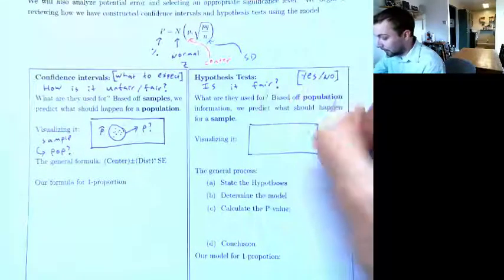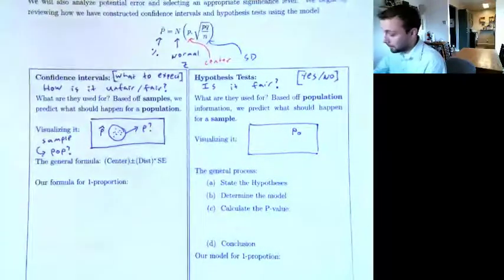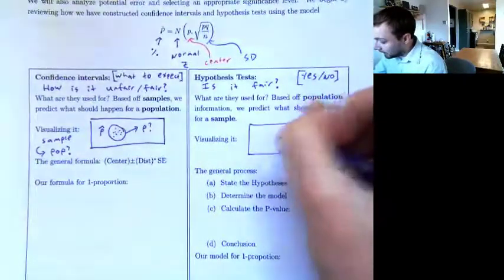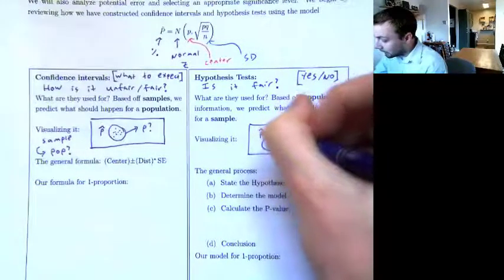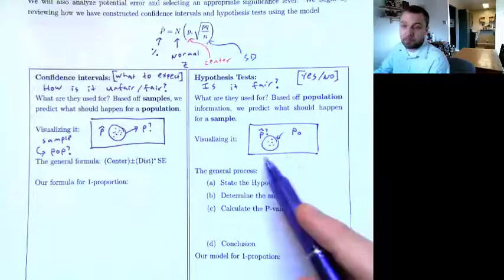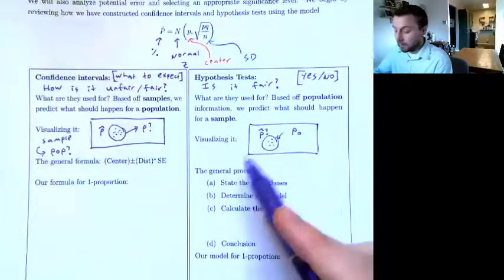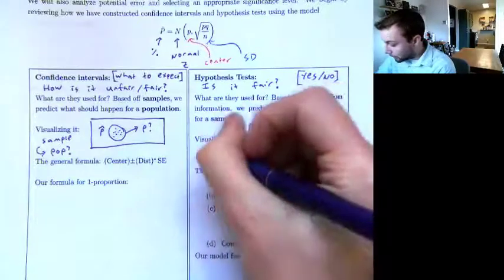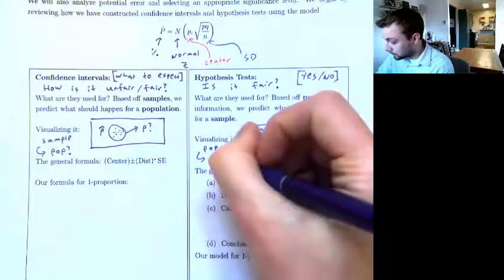They start with a claimed value for the population, a p naught, and they analyze a smaller sample, and they look at the likelihood of that sample data or more extreme compared to this claim value for p naught. These go from population, claims at least, to samples.